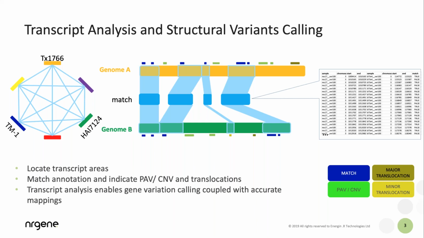This is able to use transcript analysis to locate transcript area, match the transcripts to their genome location, and through annotation detect presence absence variation, as well as copy number variation, indels, and translocation. This allows transcript analysis and annotation to couple with the accurate genetic mapping information.